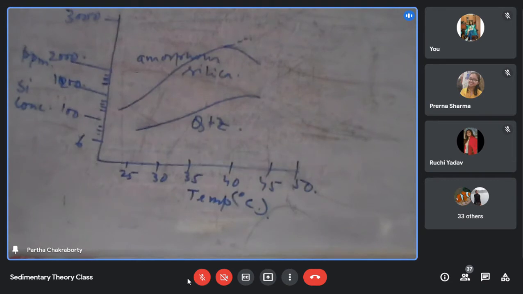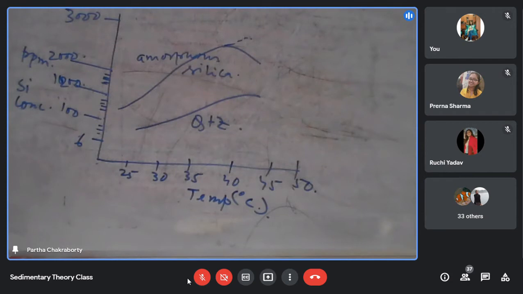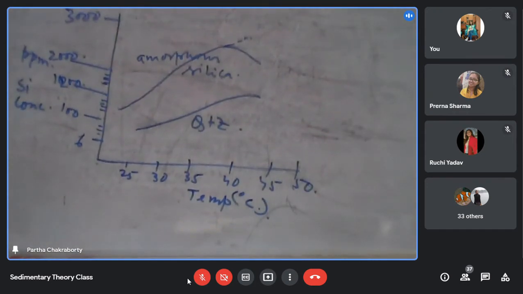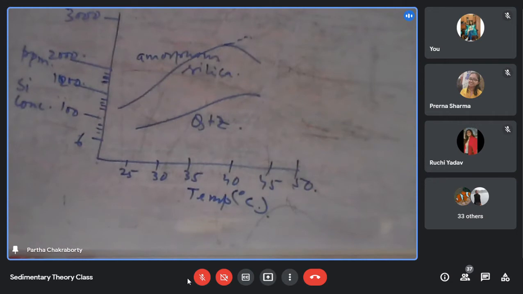Marine water is alkaline because it helps the carbonate-bearing organisms. So the alkaline pH is not at all suitable for inorganic precipitation of silica. Rather, what happens is that the diatoms and radiolaria scavenge the silica from the marine water and make the marine water undersaturated with respect to silica.